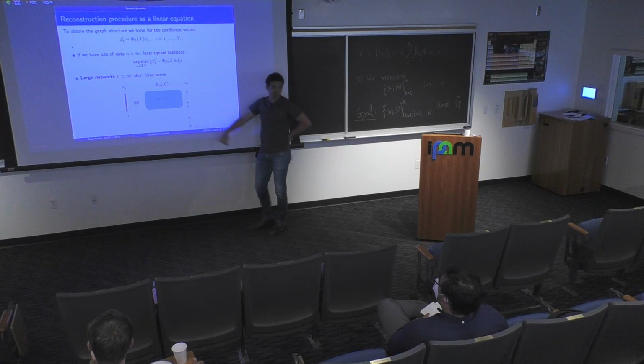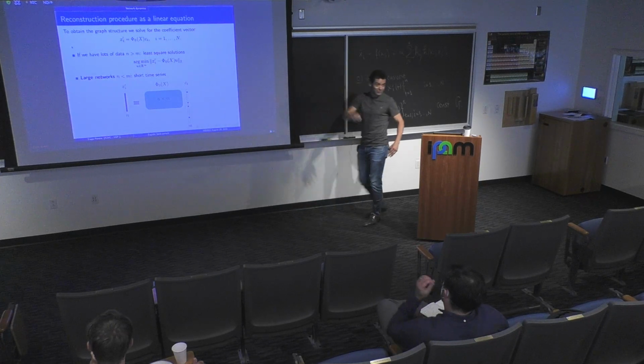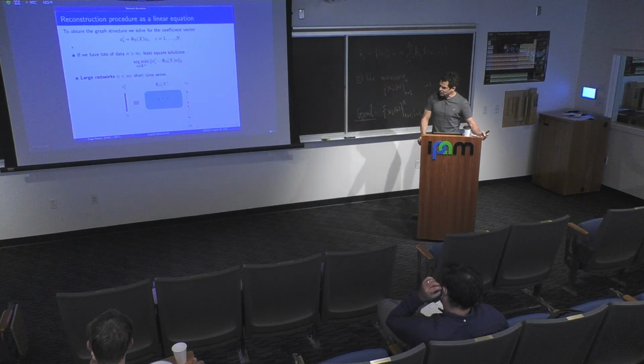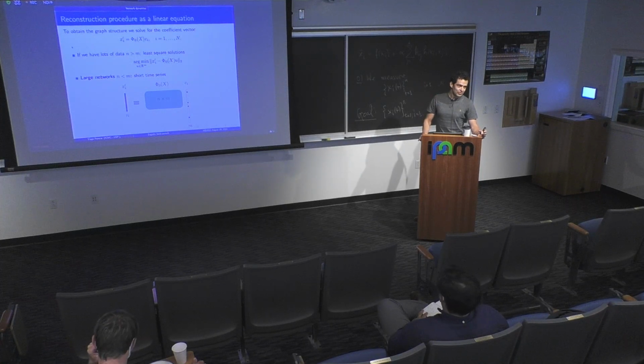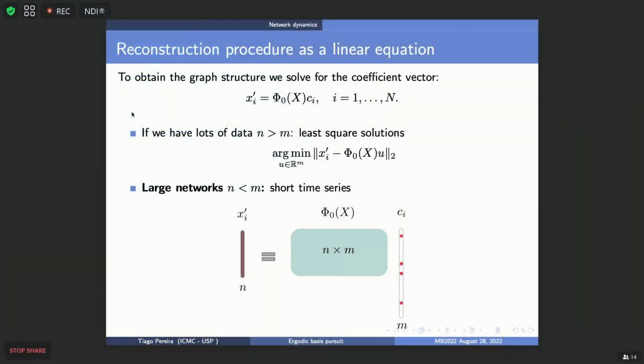It has non-zero values in every entry. So in this situation, where the network is very large, aka the time series is short, least squares is basically the worst thing you could do. So what else can you do? By assumption, my network was sparse. Therefore, I should look for sparse solutions.